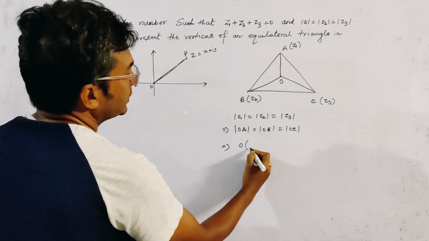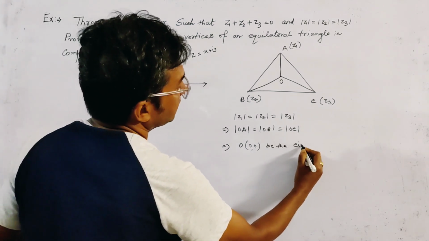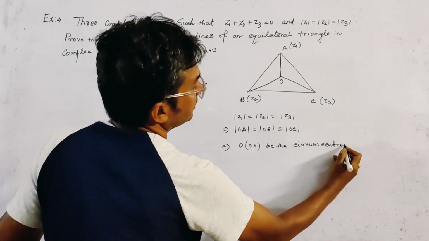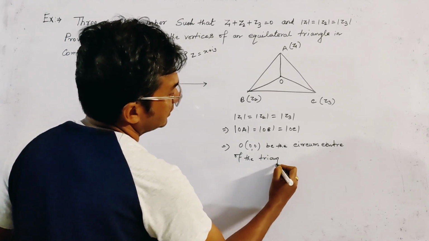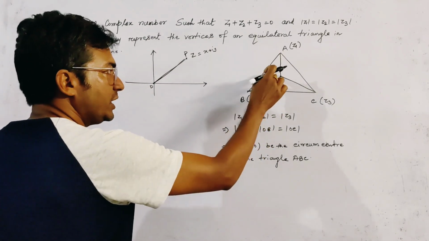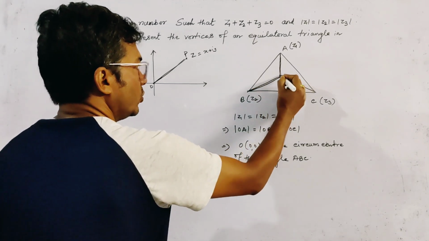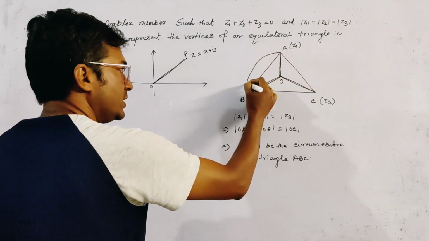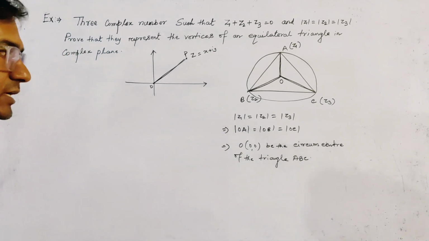This implies O, that is 0 0 origin, is the circumcenter of the triangle ABC, right? Because OA, OB and OC are the same, this is the radius of the circumcircle, and we say that this is the circumcenter, and we can draw a circle through the three vertices of the triangle. This is the first condition.